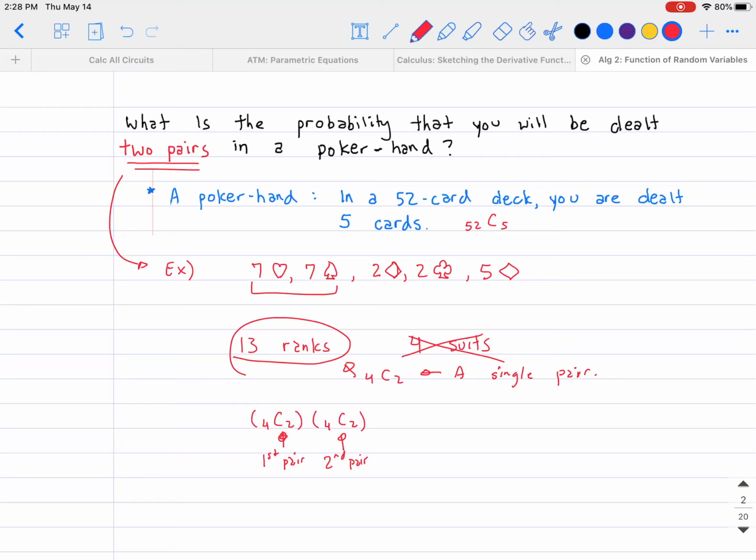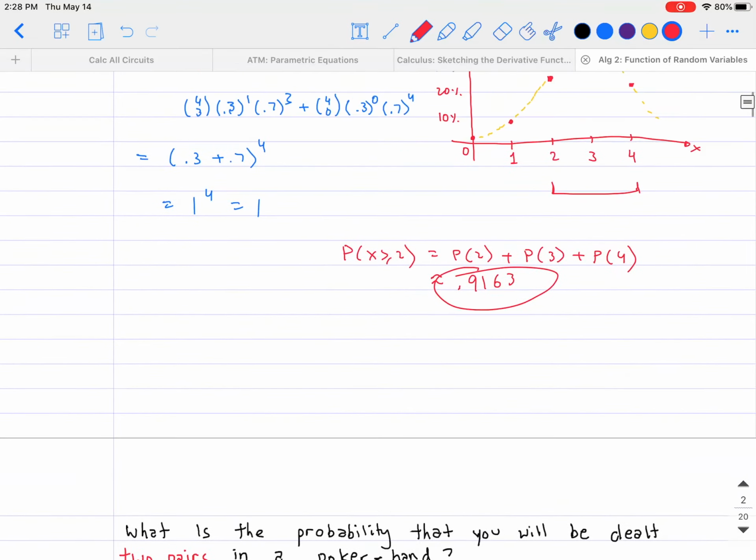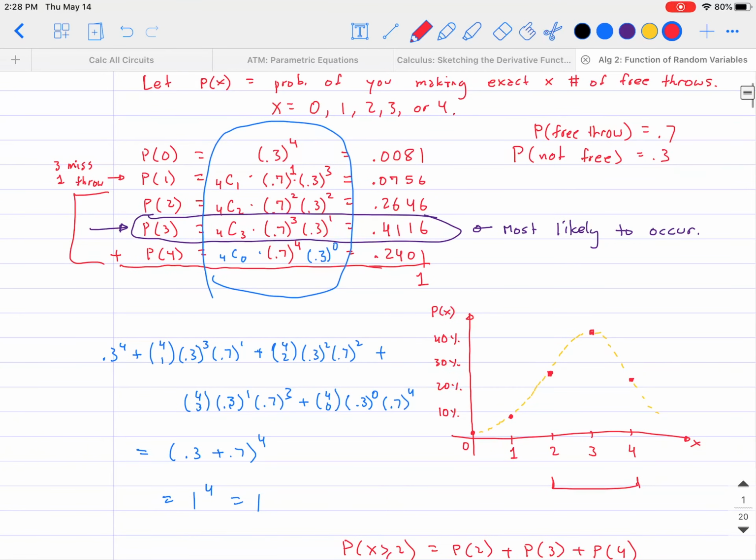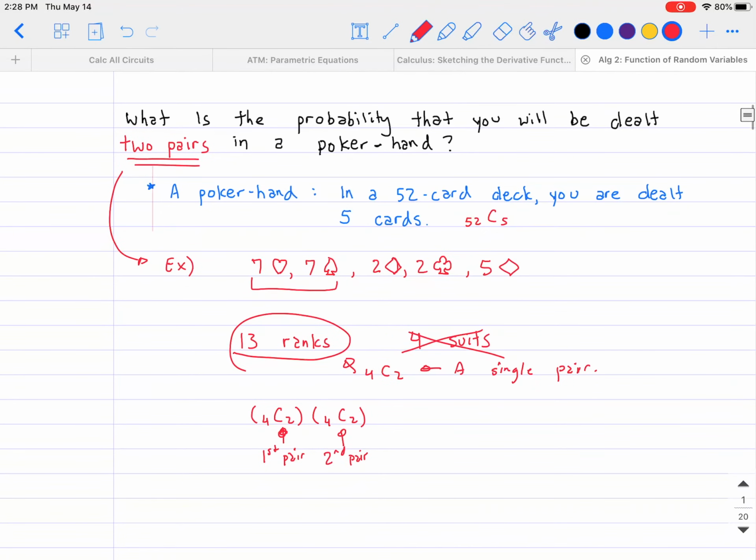Now, you have a first pair, you have a second pair, and the 13 rank thing, where that comes in right now is the following. If you go back to our previous example, you'll notice how in the binomial distribution there was a 4C1 and 4C2 and so forth in front of each one. Well, in this case, it's going to be the same idea, because you have 13 ranks and you're selecting two of the ranks in order to create the pairs.